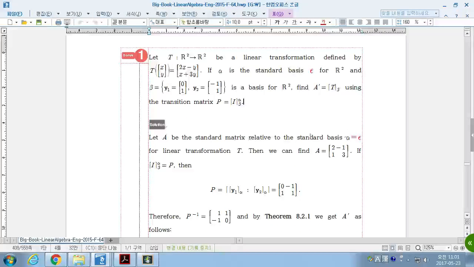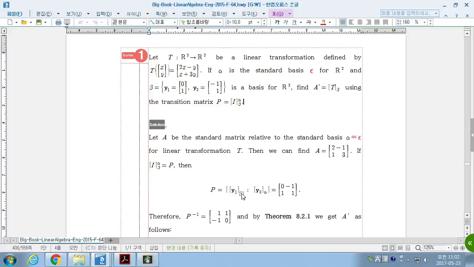Since we have the standard basis epsilon, the first column of this is the image. The P is found by rewriting y1 in terms of alpha, which is the standard basis. So this goes to the first column.